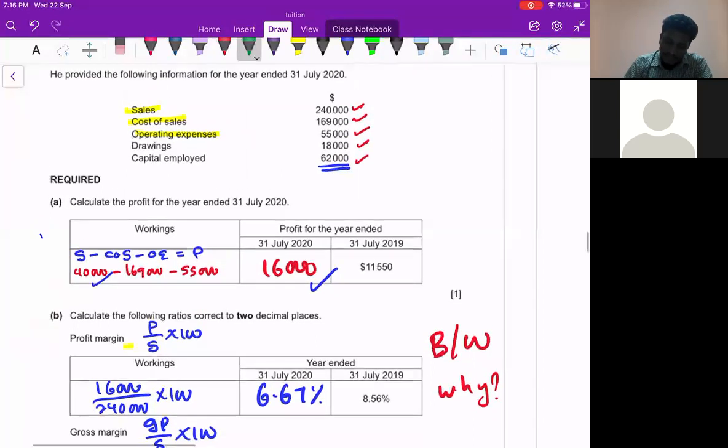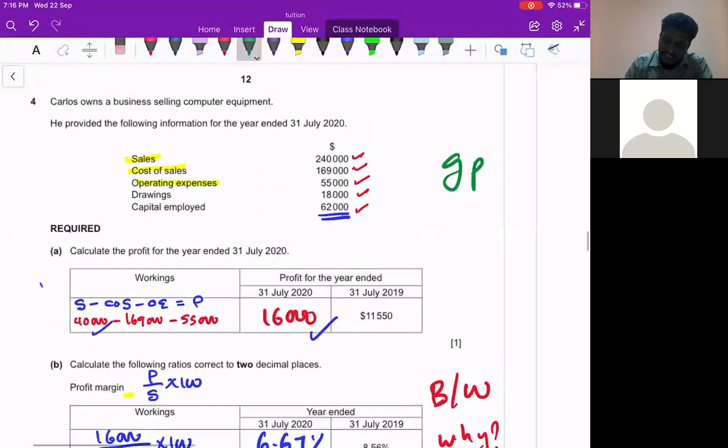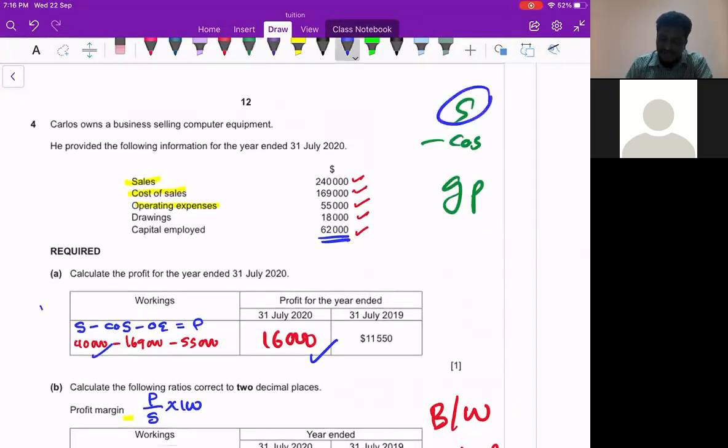Okay, normally the gross profit margin is sales minus cost of sales. There are only 2 reasons. It's become bad means you sell for cheaper price, you buy for higher price. That's it. If you become better means, you sell for higher price, you buy for cheaper price. Okay, this is a standard answer.